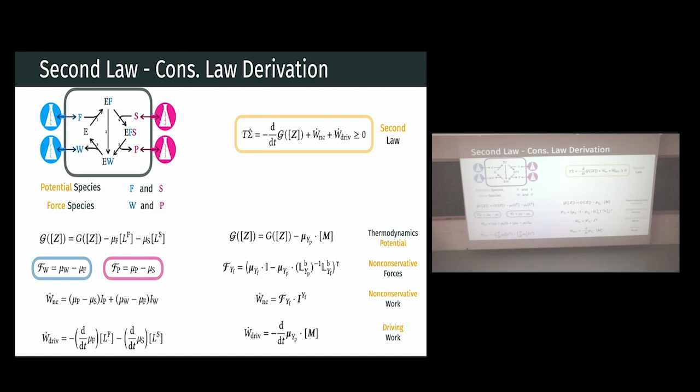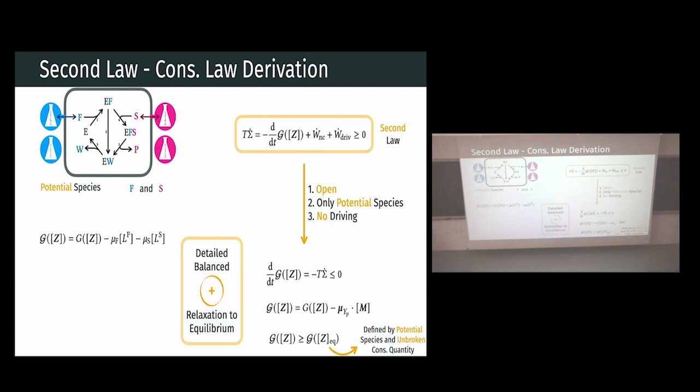Let me repeat all the cases where we have only potential species, we drive the potential species, and then we put the force species. So say the system is open, we control only the potential species, there's no driving. We don't change F and S in time. Again, from what I told you, there's no driving, there's no non-conservative force. The second law becomes that.